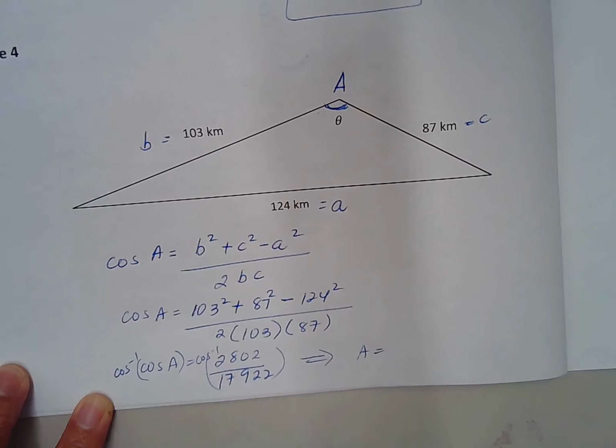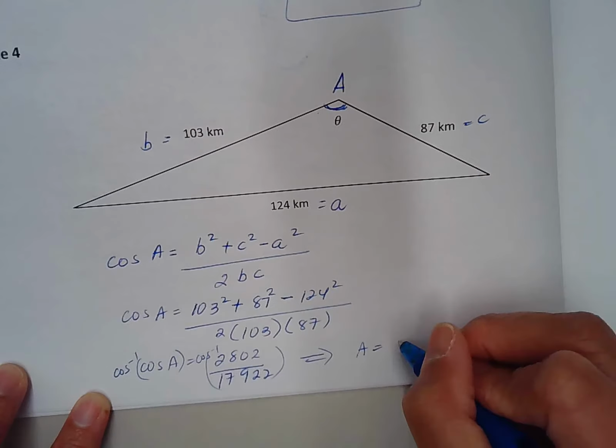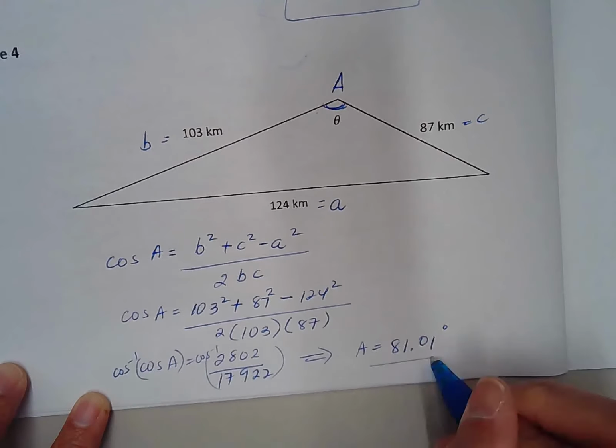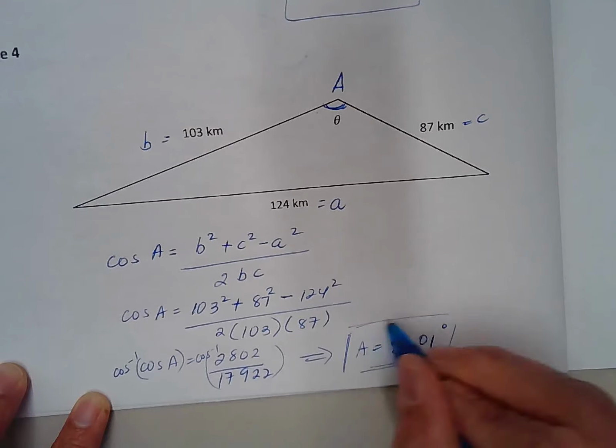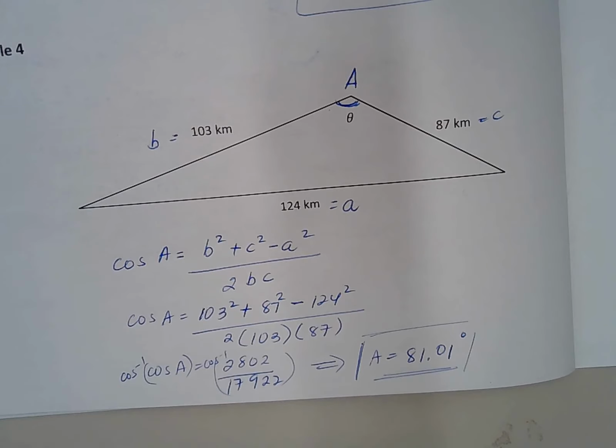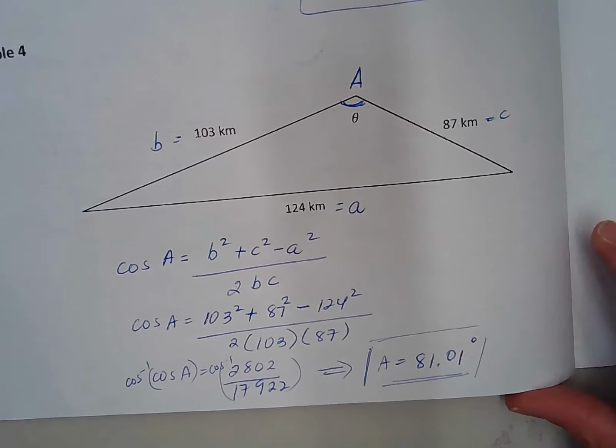So angle A is equal to 81.01 degrees. Did everybody get 81? Yes. Okay. So this one is very, very straightforward. It's not as bad.